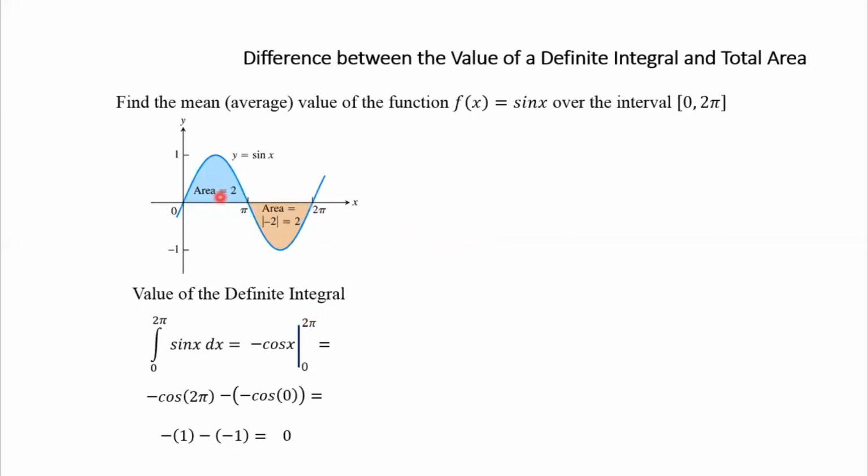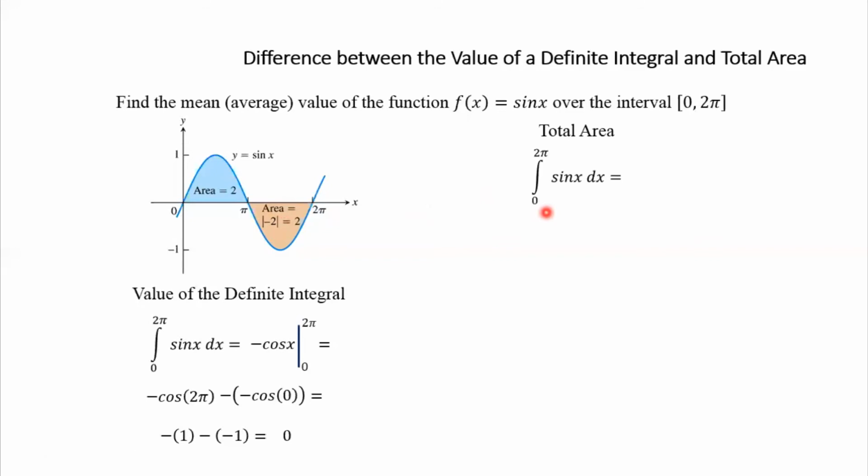And looking at this height also, the height of this is 1, and the height of this is also 1. Okay, but again, this is below the x-axis. That's why the area canceled out. But if we are asked to find the total area, what is the total area?